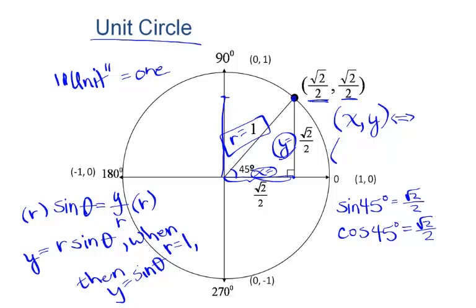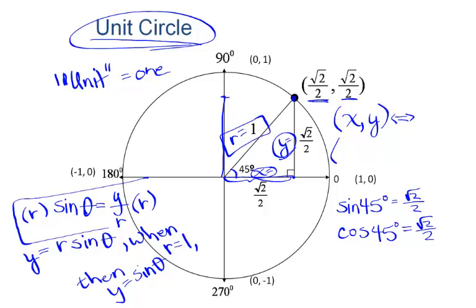So here's what I want you to make a connection in your head. As long as you are in the unit circle, it has to be true, because this is generic. I don't have an angle measure. It's for any angle. Even though mine's 45 degrees, it shouldn't matter.